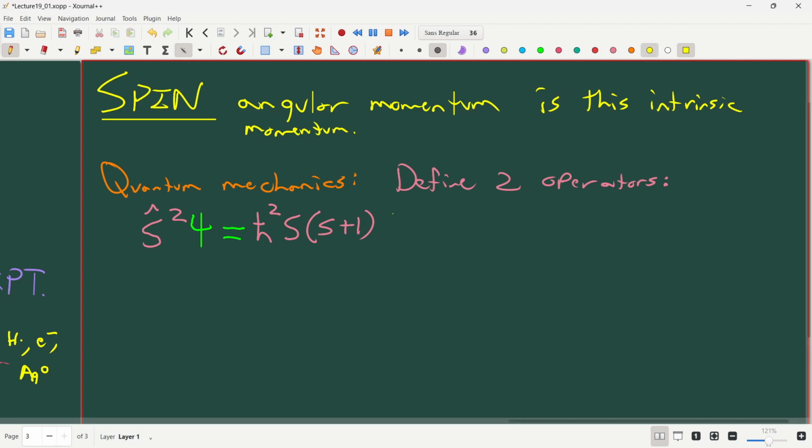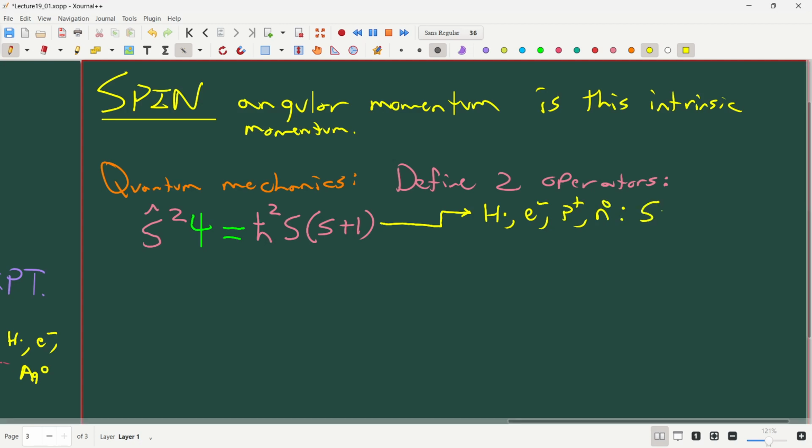So for instance, for the hydrogen atom, and for the electron, for the proton, for the neutron, and so on and so forth, there's many particles. It's neutron 0.